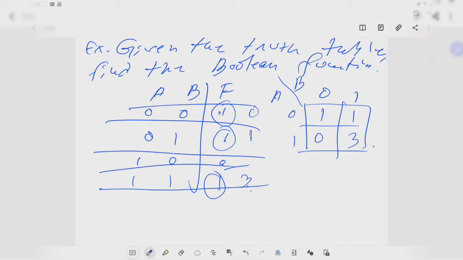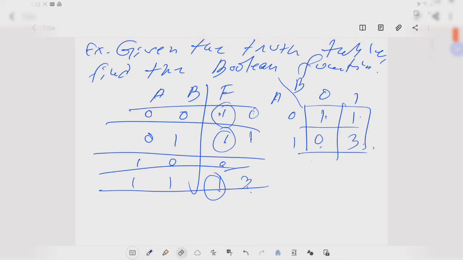So the K-map row is 1 1, then 0 1. So we got the truth table, and we got the K-map now.